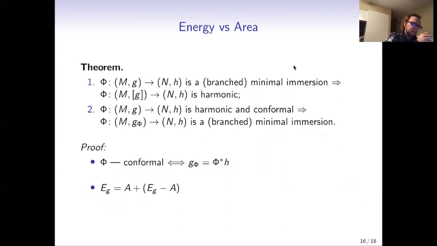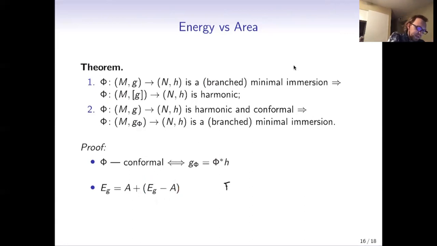Now suppose that we are in the setting of the first one. Suppose we are critical for the area. It means that the derivative of this is 0. But at the same time, for a branched minimal immersion, we know the pullback metric coincides with the original metric. So it's automatically conformal, which means that this quantity G minus A is 0.